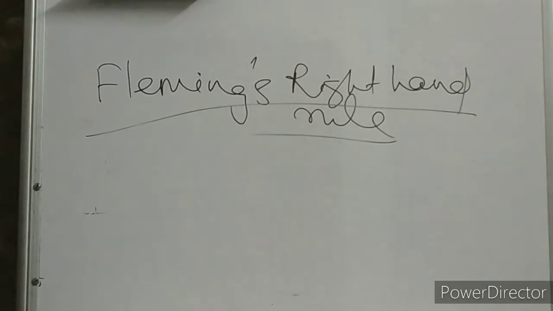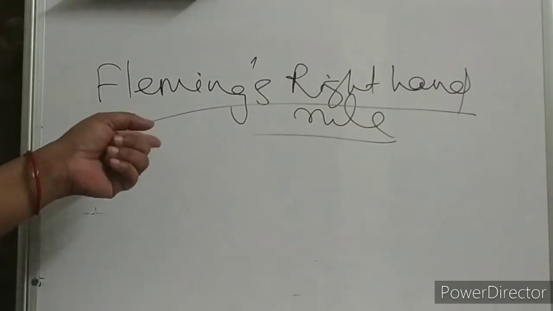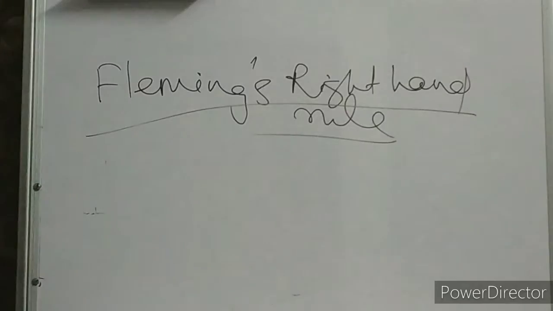You may be thinking, why can't we use Fleming's left hand rule? Why again Fleming's right hand rule? No, both rules are different. There you are getting the direction of your magnetic force. Here your aim is different with Fleming's right hand rule. Clear, children? And both the rules are giving direction only, not magnitude.